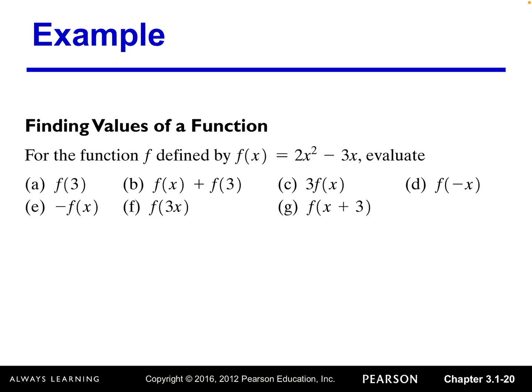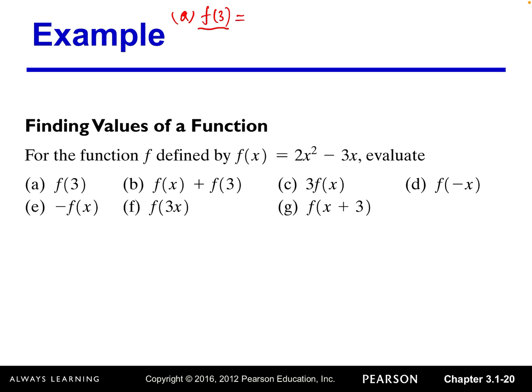So now let's look at an example. If we define f of x equals 2x squared minus 3x, how do we evaluate the following a, b, c, d, e, f, g? Let's try a first. We want to evaluate f of 3. This is function notation, which means evaluate the function f of x when x equals 3.